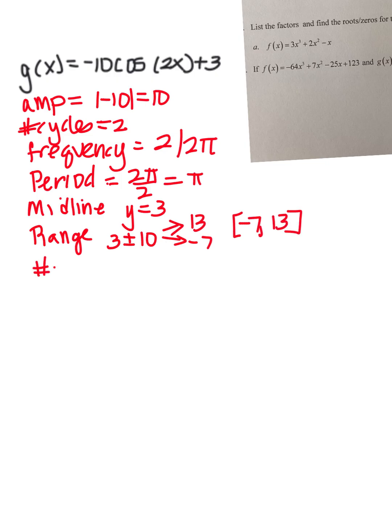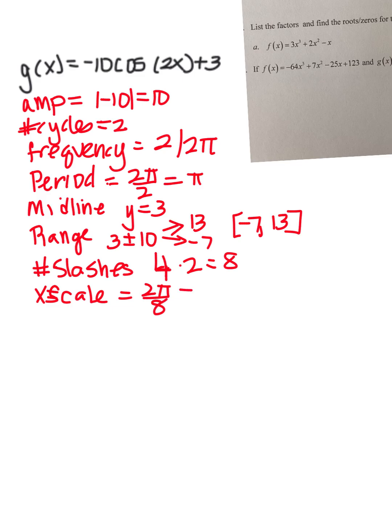Number of slashes is 4 times B, which is 8. And the x scale is 2 pi over 8, which is pi over 4.